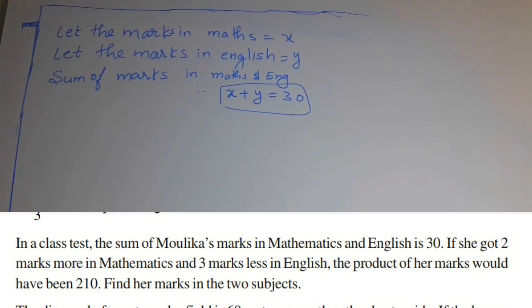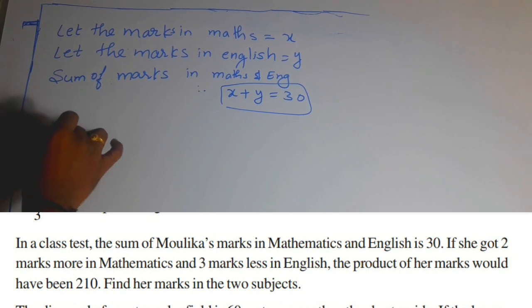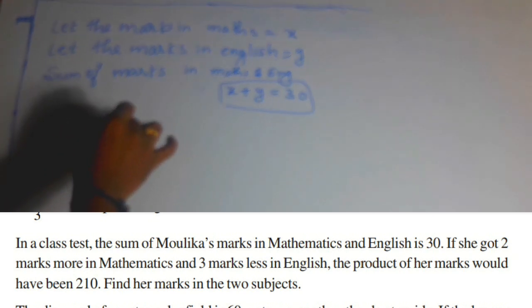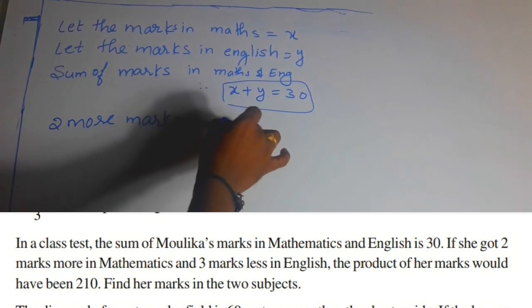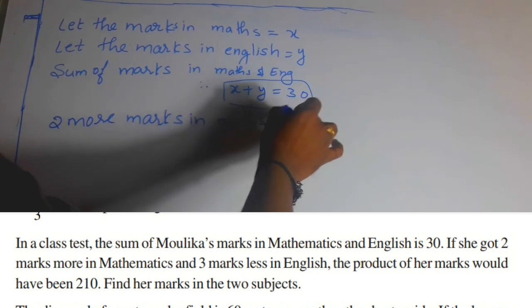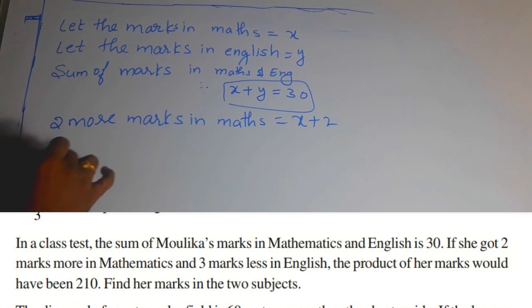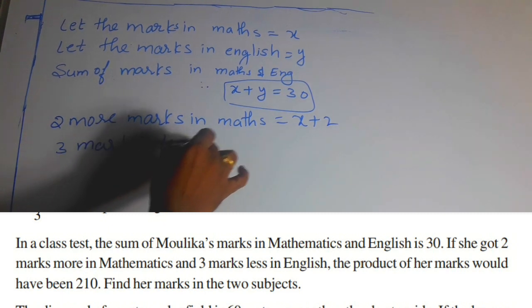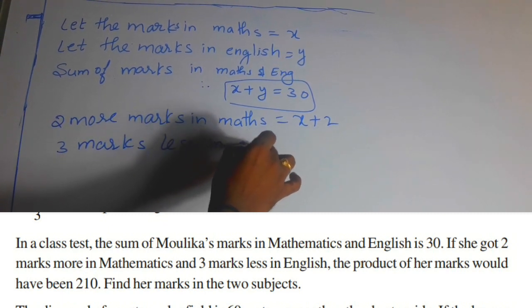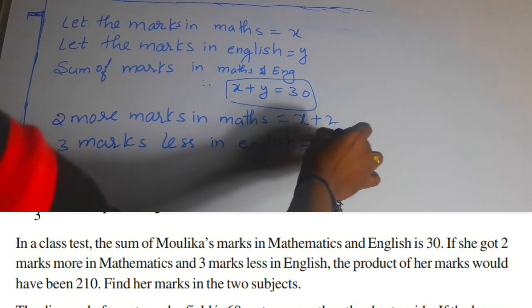So one more condition is given. If she got 2 more marks in maths, that is nothing but x plus 2. 3 marks less in English, so what is that? y minus 3.